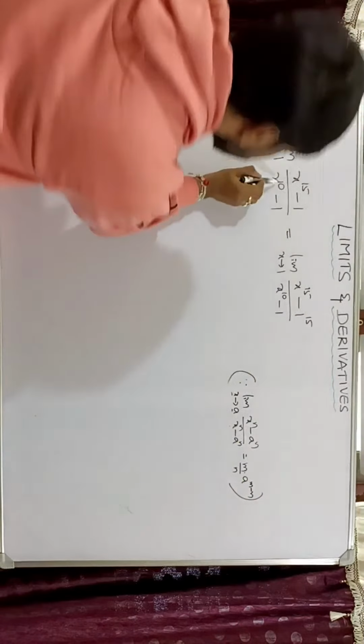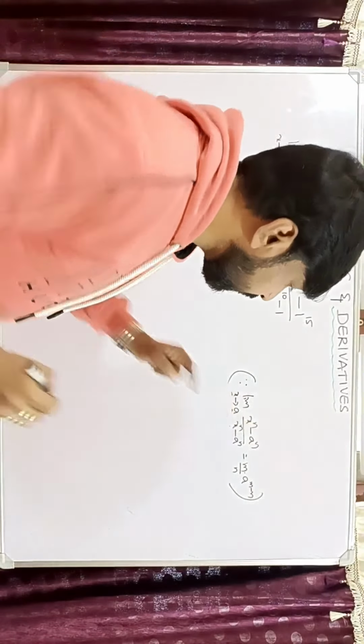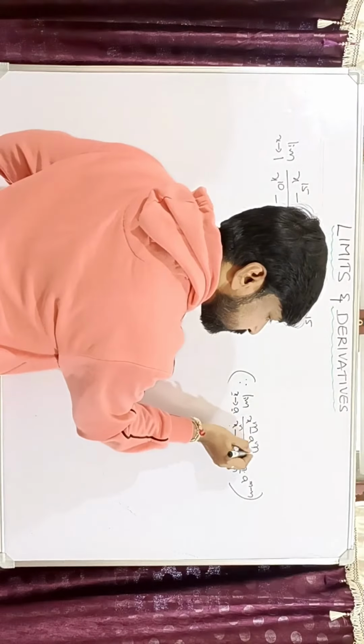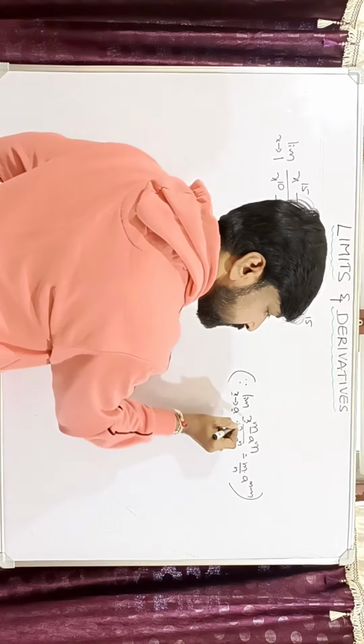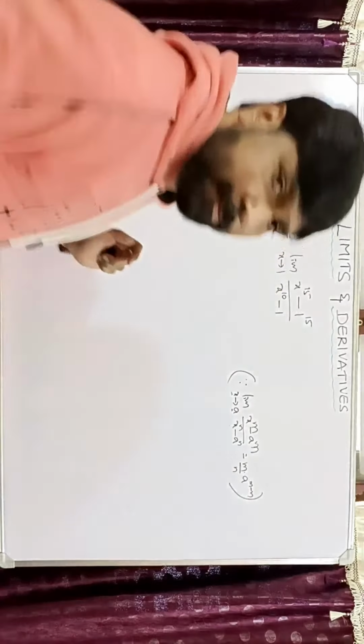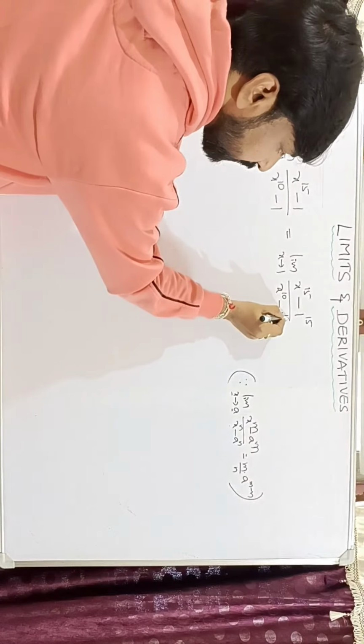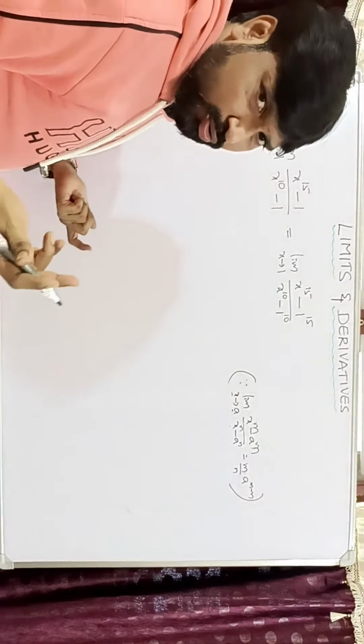Why? Because the denominator also has a power. Numerator and denominator both have powers. The formula is this only: limit x tends to a, x power m minus a power m by x power n minus a power n is equal to m by n into a power m minus n. Now according to this, convert the denominator also: 1 power 10 is also 1 only.